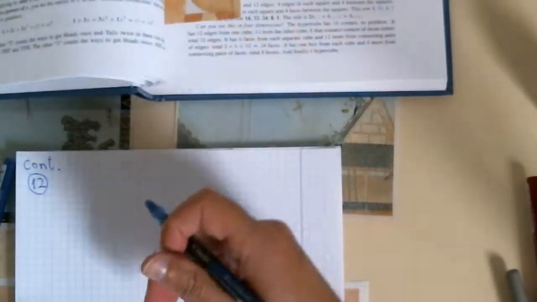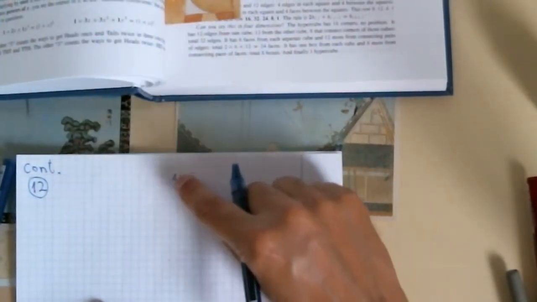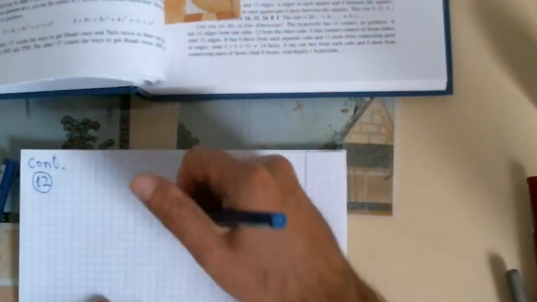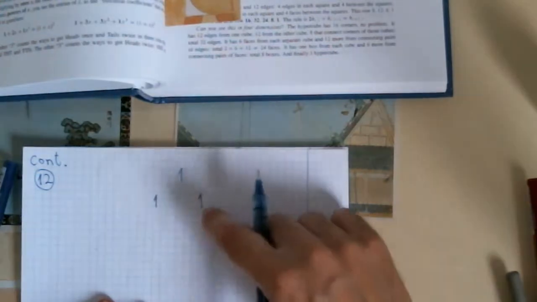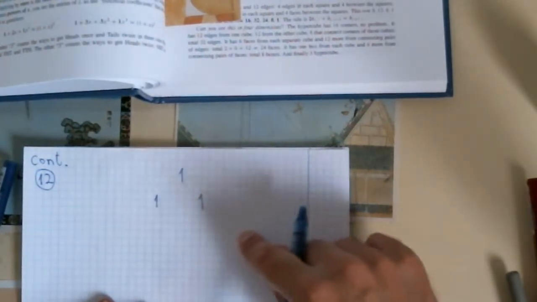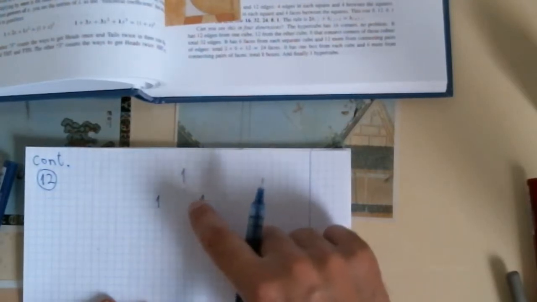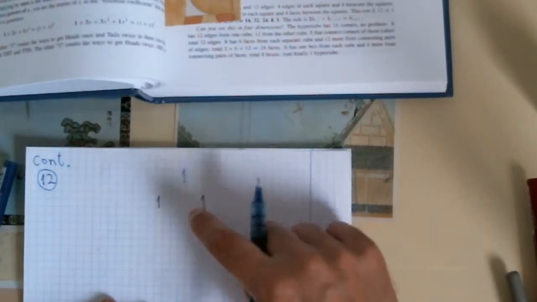The Pascal triangle has one at the top, and then 1 and 1, and from there each new number is the sum of the two numbers that are above it.